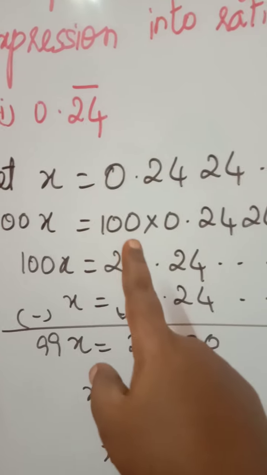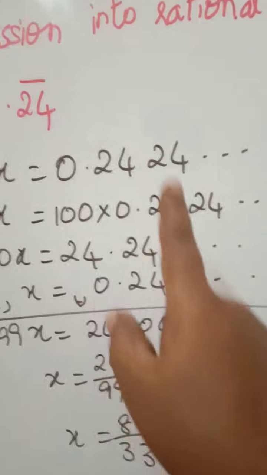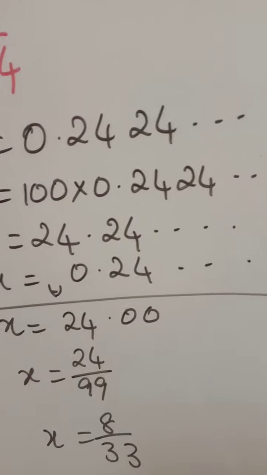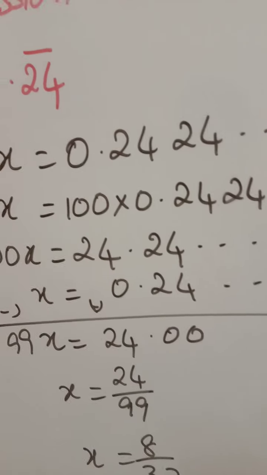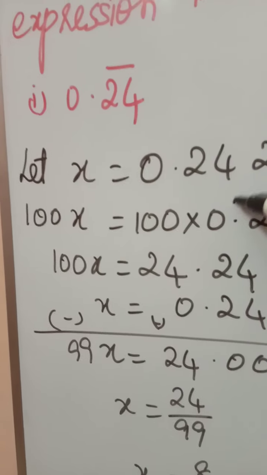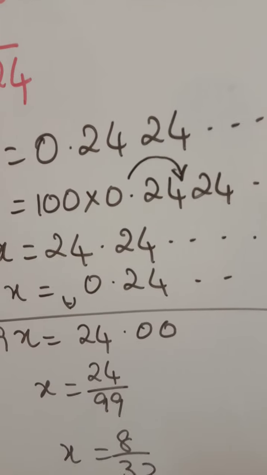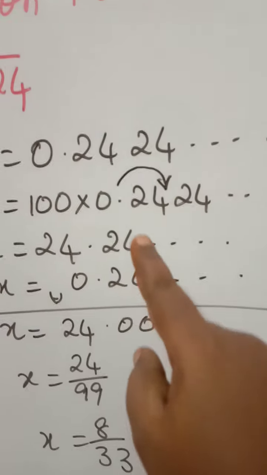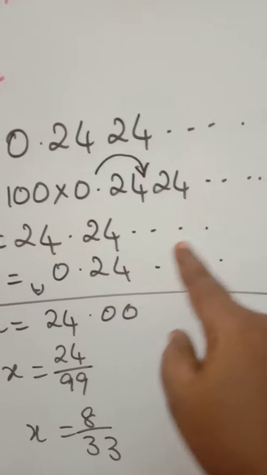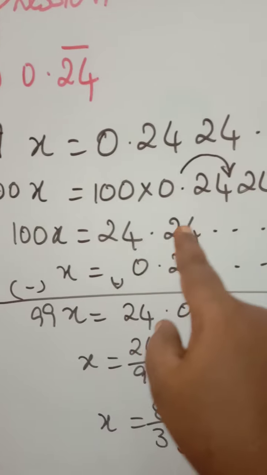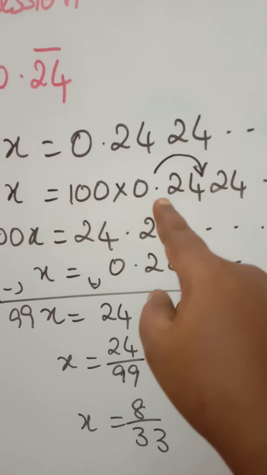So 100x equal to 100 into this number. 100 into 0.2424, if you multiply, the point will go after 2 numbers. So what will we get? 24.24, and as I told, don't forget to write etc. So 100x equal to 24.24, etc. Why does the point move to this side?